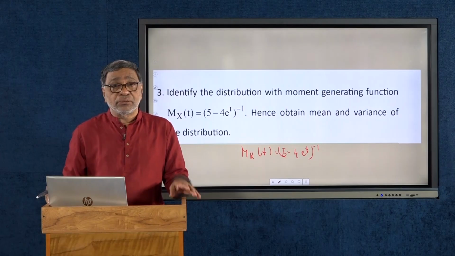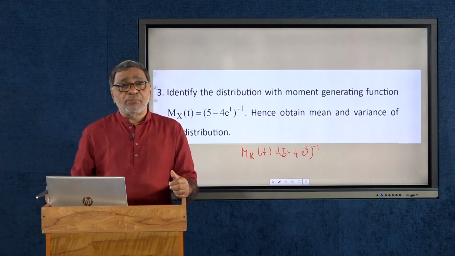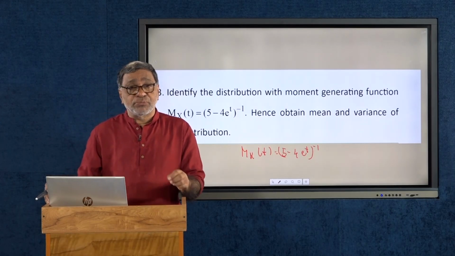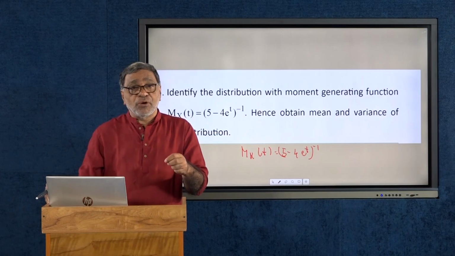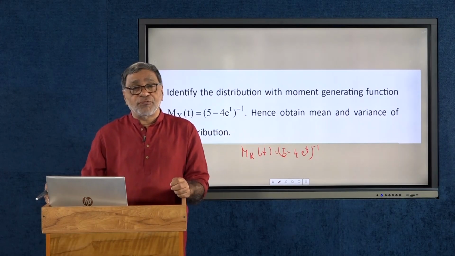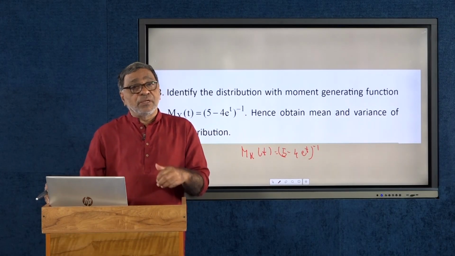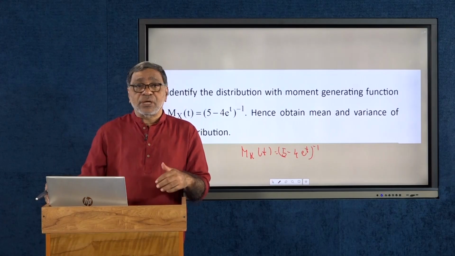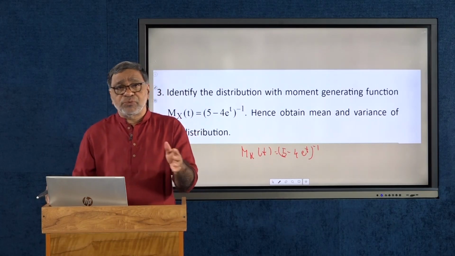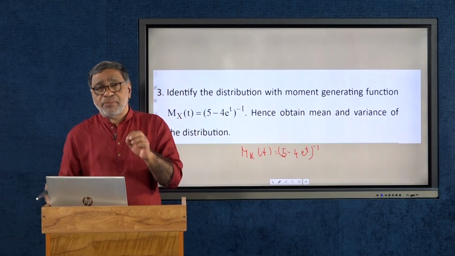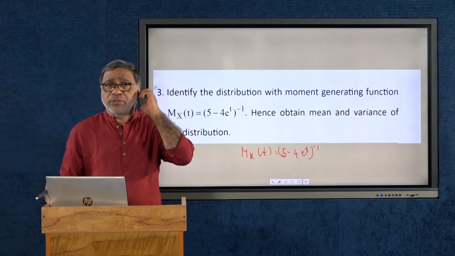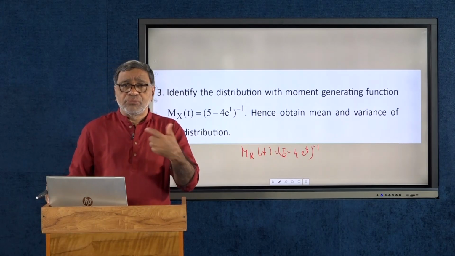Or you expand the moment generating function, if it is possible to expand, and find the coefficient of t power r divided by r factorial, and those coefficients give us the raw moments. That way also we can find. But here the problem is related to identifying the distribution.